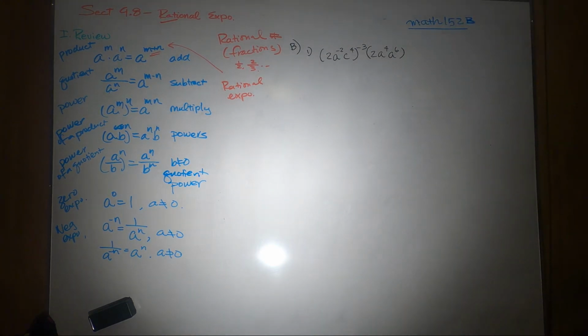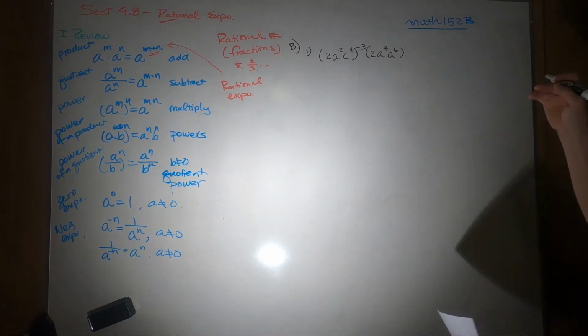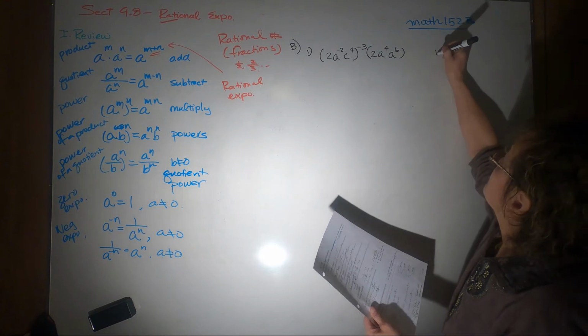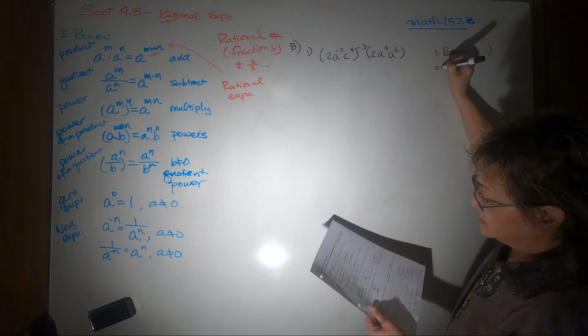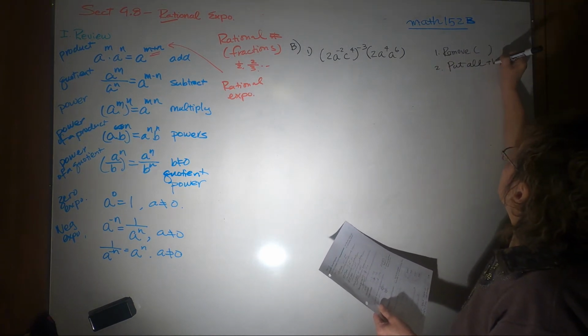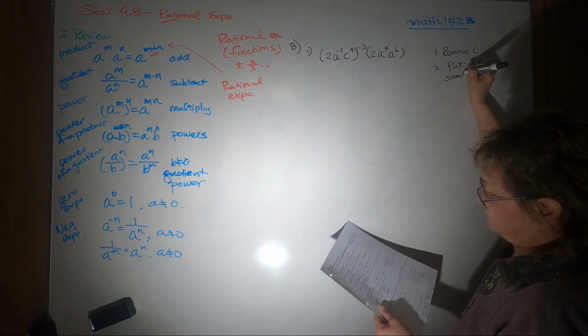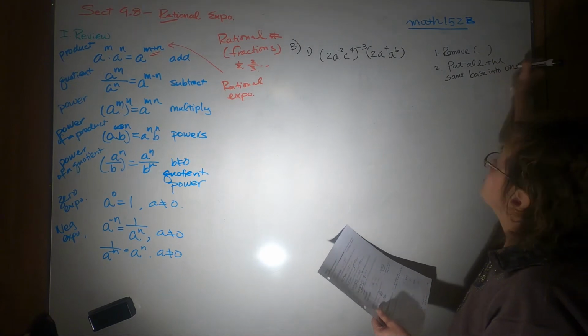Then we want to consolidate all the same bases, just one base with one power, okay? To simplify this, what do we do? We will first remove parentheses, then put all the same base into one, right?